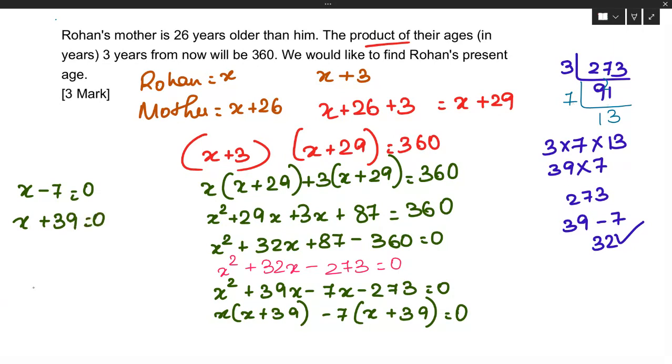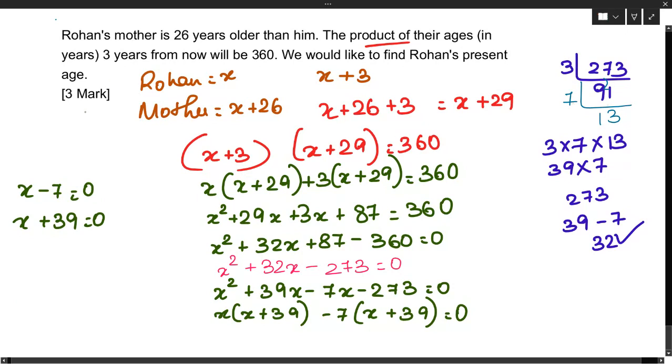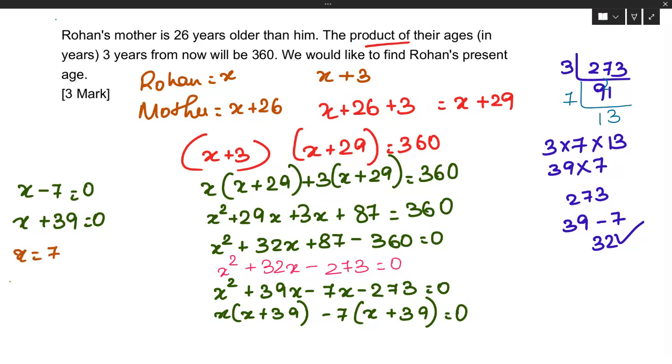So what do you think? What will be the value of X? Minus 39 or positive 7? It is age. Okay, yes, it will be plus 7.